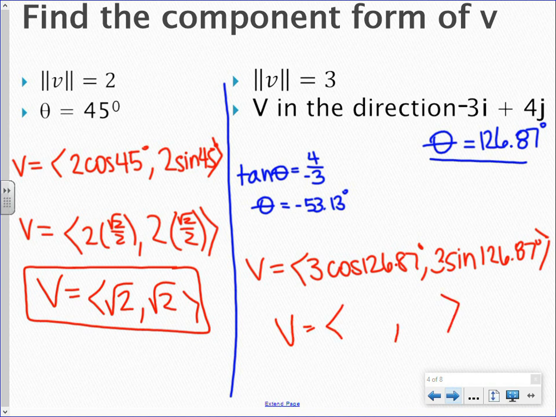Okay, so go ahead and find those components for me. Lindsay, what do you have? Negative 1.8 and 2.4. Love it.